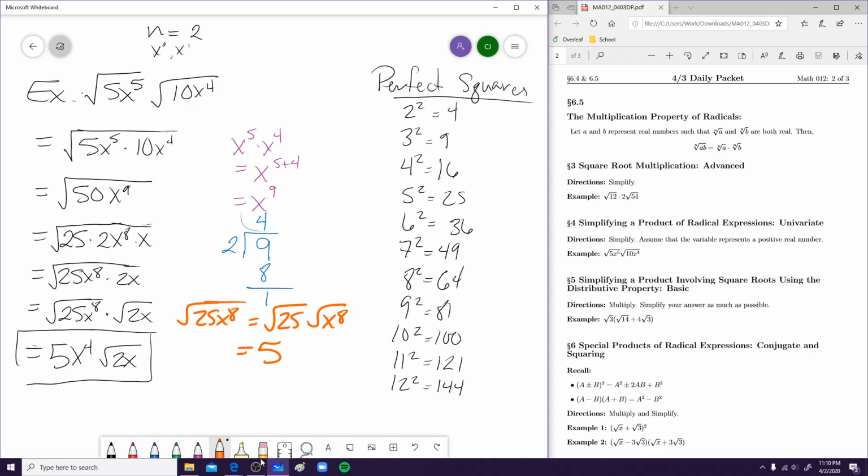And for x to the 8th, if I use the property where the square root of a is equal to a to the 1/2, I can rewrite this as x to the 8 to the 1/2. Use the power of a power rule, so I'm going to multiply the exponents, so 8 times 1/2 is 4. So this is x to the 4th. And that is how I got this part.